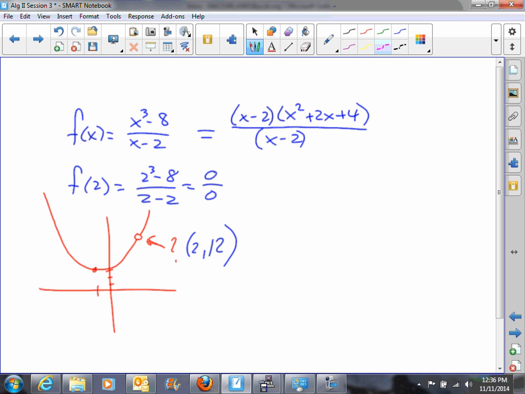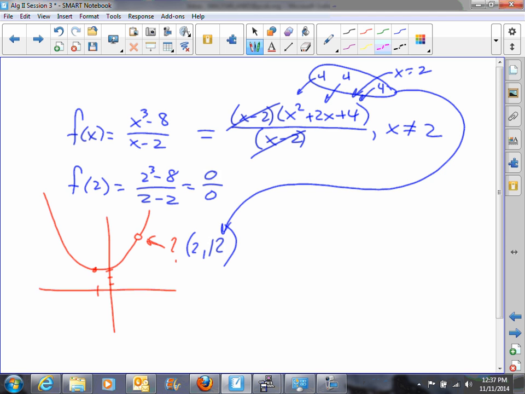Now earlier you learned that you could actually cancel these things out, but when you did, you had to write x is not equal to 2 because that was the 0 of the thing that you canceled out. But at this particular point, if you put x equals 2 in for this, notice 2 squared is 4, 2 times 2 is 4, and 4 is 4, and 4 plus 4 plus 4 equals 12. So algebraically, you can find the location of that point discontinuity as well.